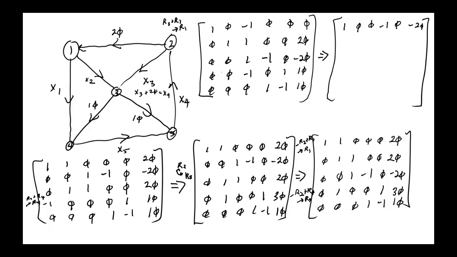Now, row 2, we also need to change that. So what will we do? Actually, that will work. You have to look back here and make sure nothing is going to mess with there, but that's going to be fine. So let's do it. Row 4 plus row 2 is going to be the new row 2. Okay?